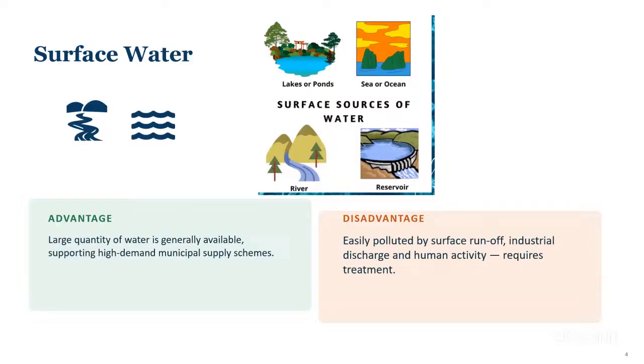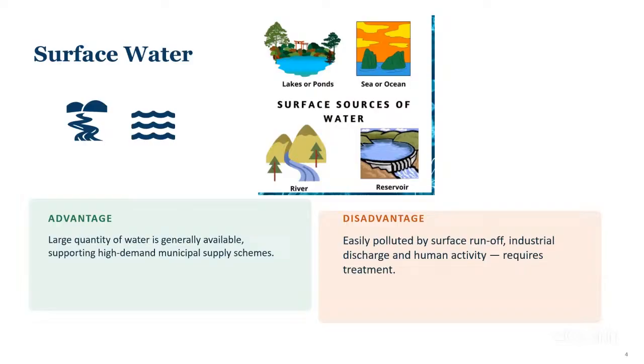The quality of the surface water depends on the quality of the atmosphere. Whatever gases are present in the atmosphere dissolve in the surface water body.